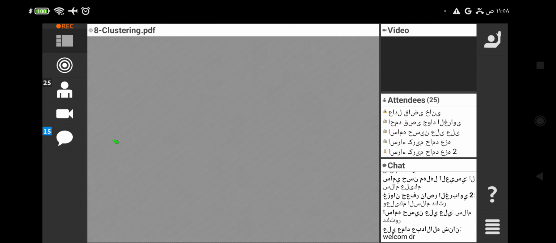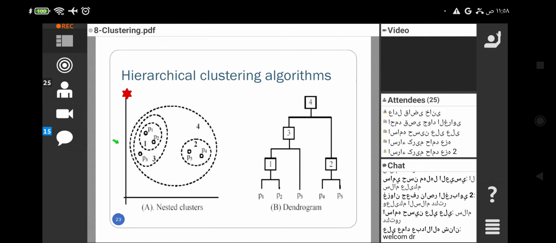Okay, I said that I put a video for you on the Darsa site, and in that video I talked about some of these subjects about hierarchical clustering, and I said that in this type of clustering we are creating a tree of clusters.